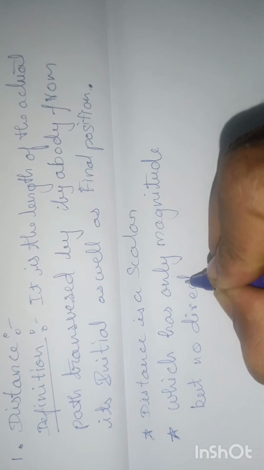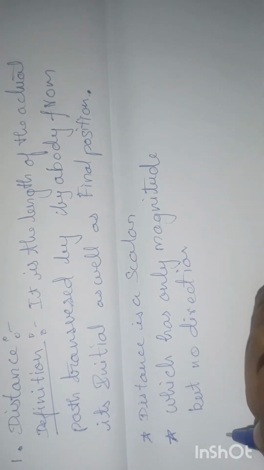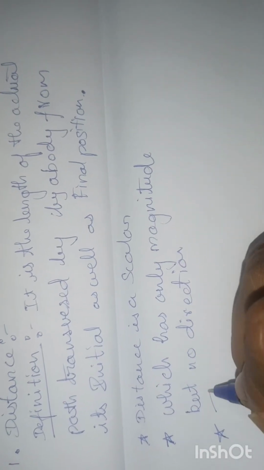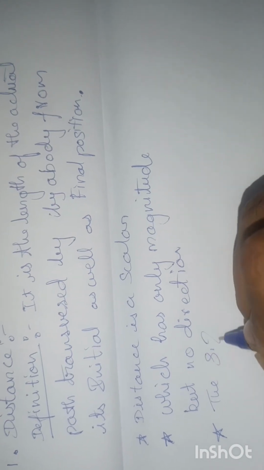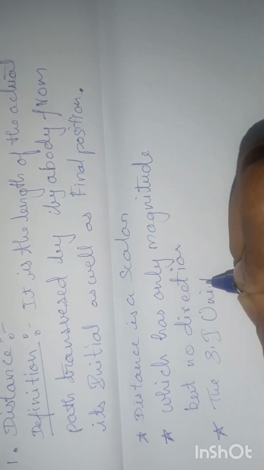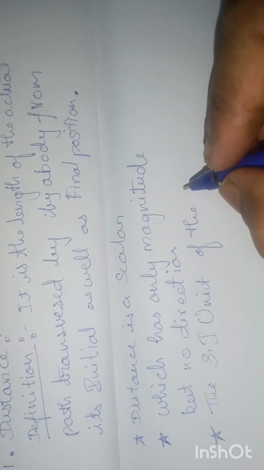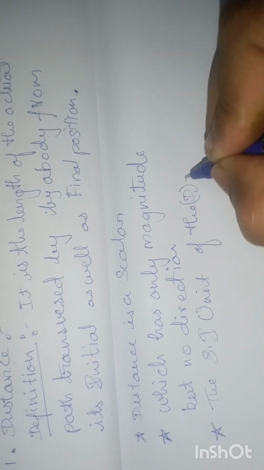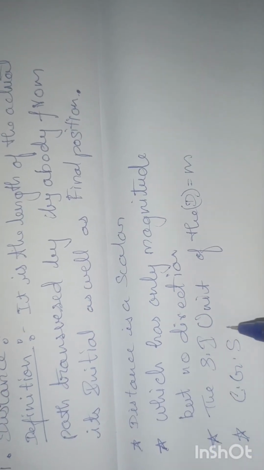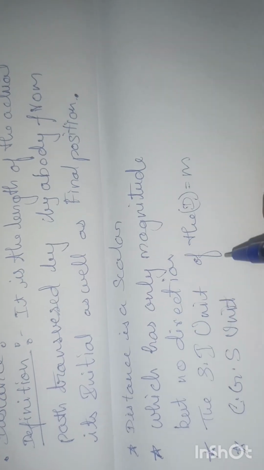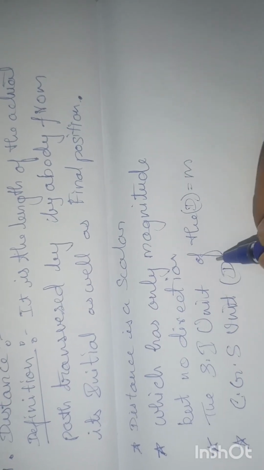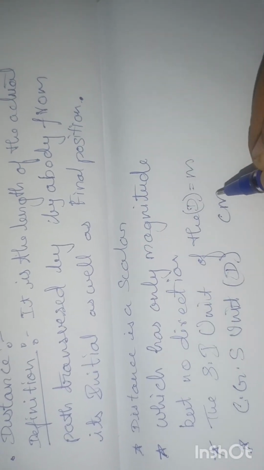Now we are going to discuss the SI unit of distance. The SI unit of distance is meter, and the CGS unit of distance is centimeter.